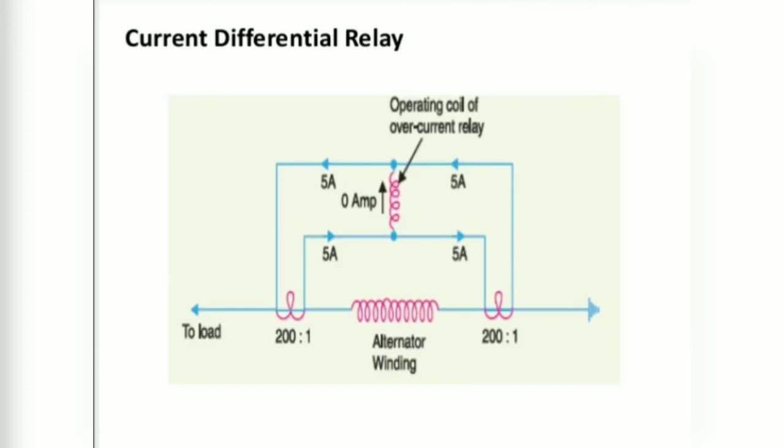So the fault current at that time will operate this relay. This is the function of the current differential relay, based on comparing the currents.